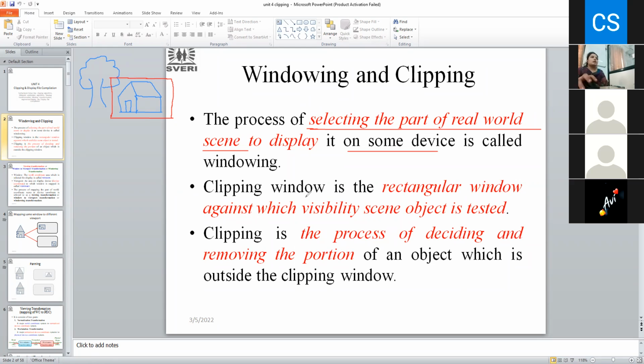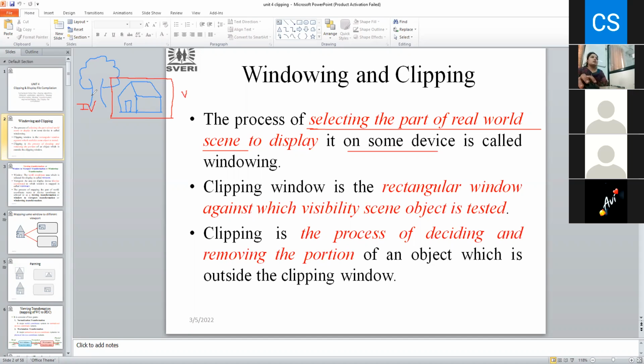Okay. Then clipping window is a rectangular window against which visibility of the scene is tested. So in short, this can act as a clipping window. Whatever is inside this clipping window is considered as visible and whatever is outside the window is called invisible.